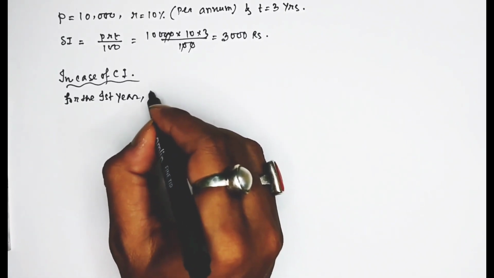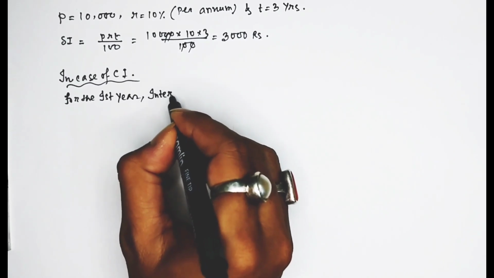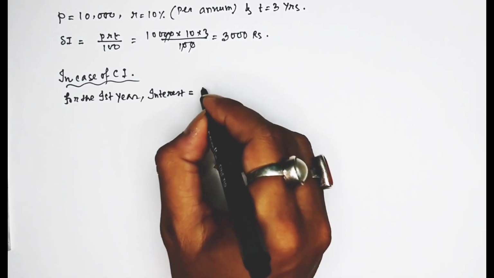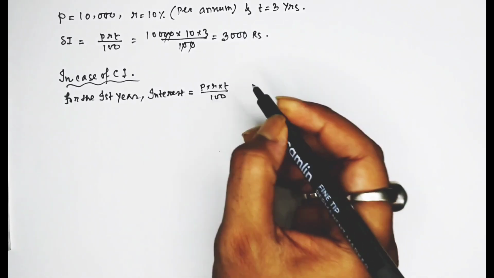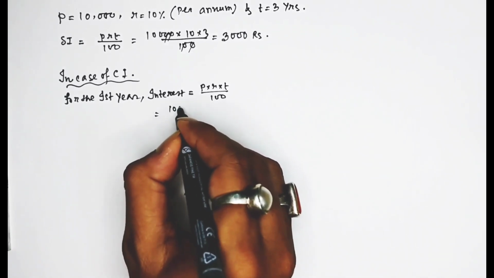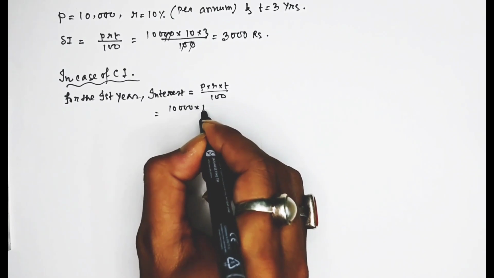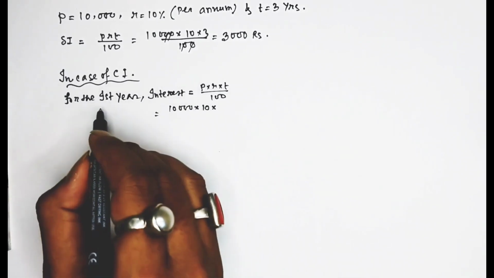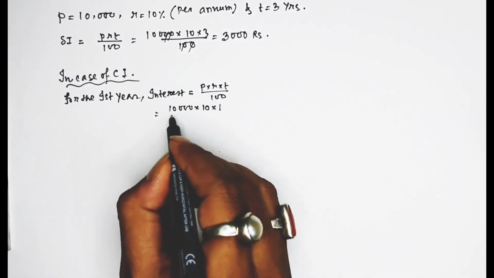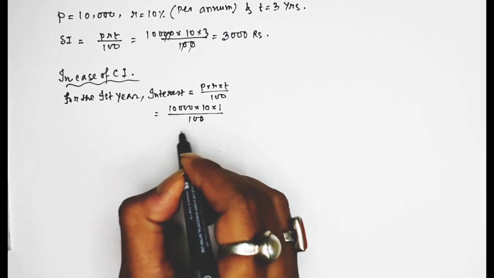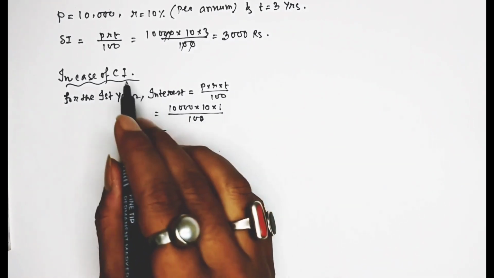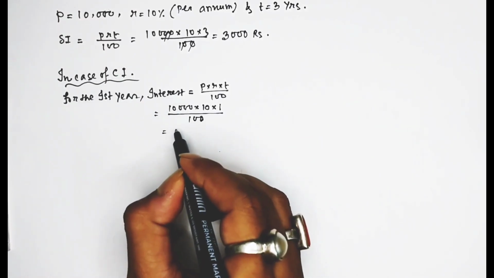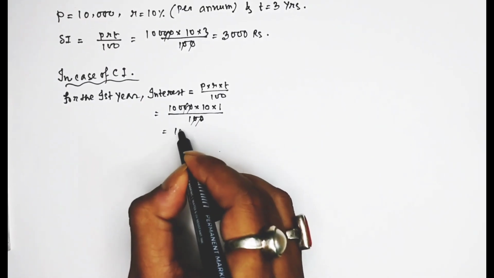The interest should be PRT by 100, that is P 10,000 into R 10% per annum, and for the first year T equals 1. That is, for the first year we can get the value of CI as 1000 rupees.